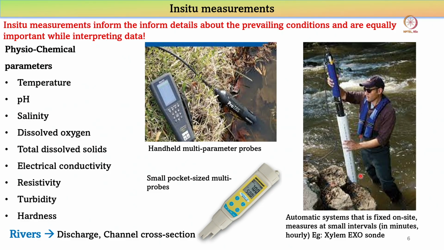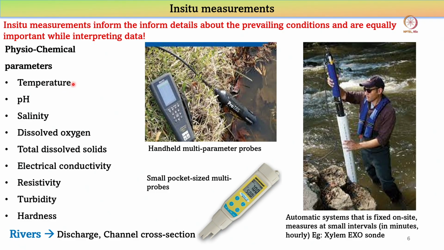Now this is an automatic system. These are larger probes which you can fit at a particular location, and as the water flows through the system, the sensors start recording, and based on the intervals that you have set, it can record data.